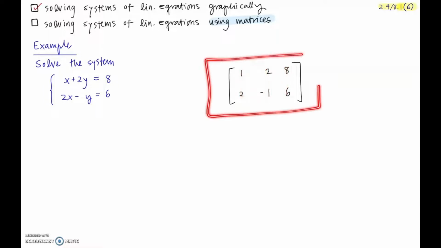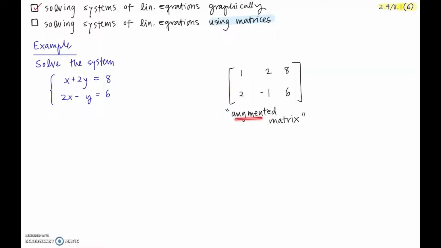Okay, this is called a matrix. And this specific matrix is called an augmented matrix. What it means is when you have a system of linear equations, and you put them in a matrix, including the constant terms over here, this is called an augmented matrix.